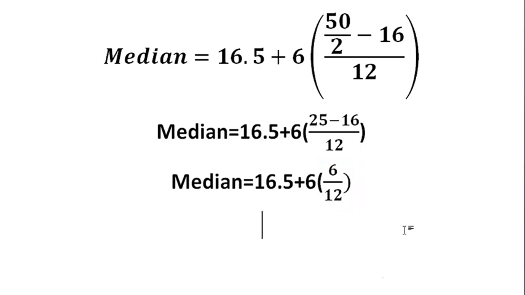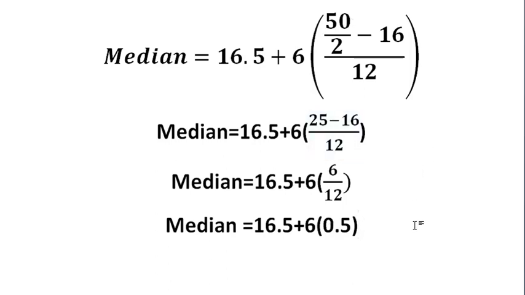Okay, we are going down gradually. Median is equal to 16.5 plus 6, bracket 6 divided by 12 will give us 0.5. This is not 6, sorry.